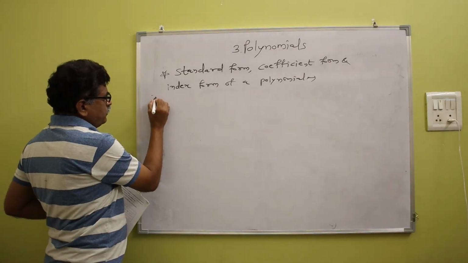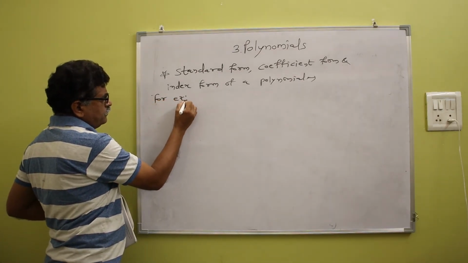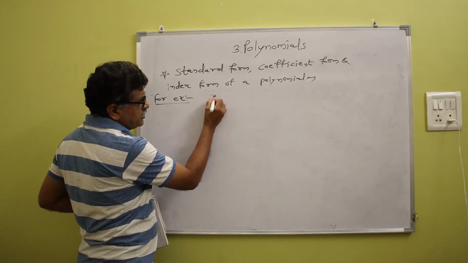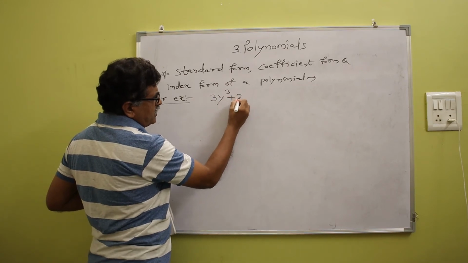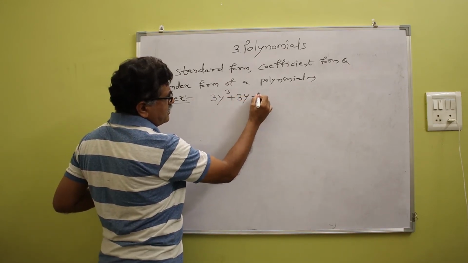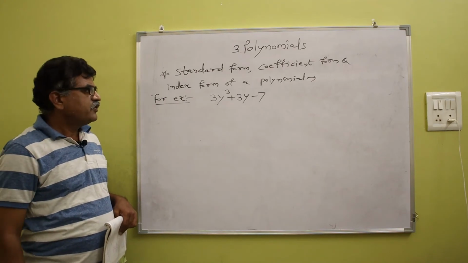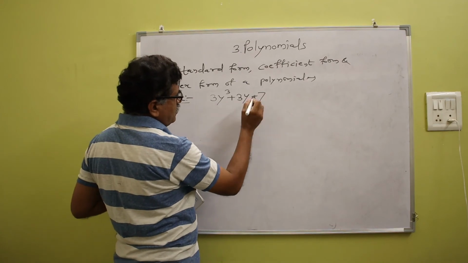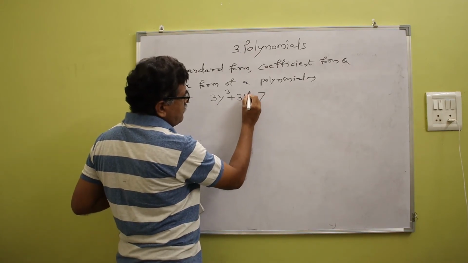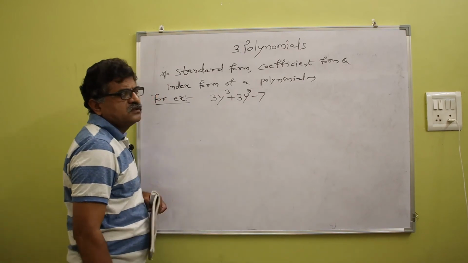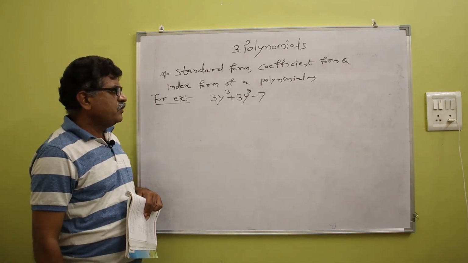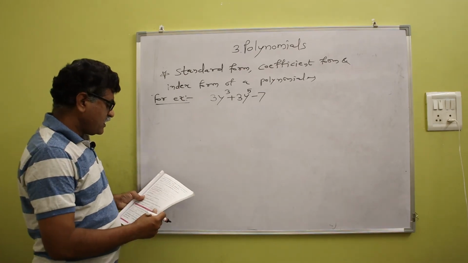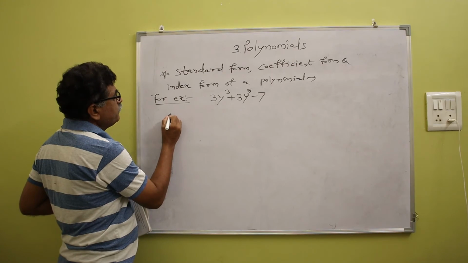Now for example, we will take one example, that is 3y cube plus 3y to the power 5 minus 7. We have to write this in standard form.